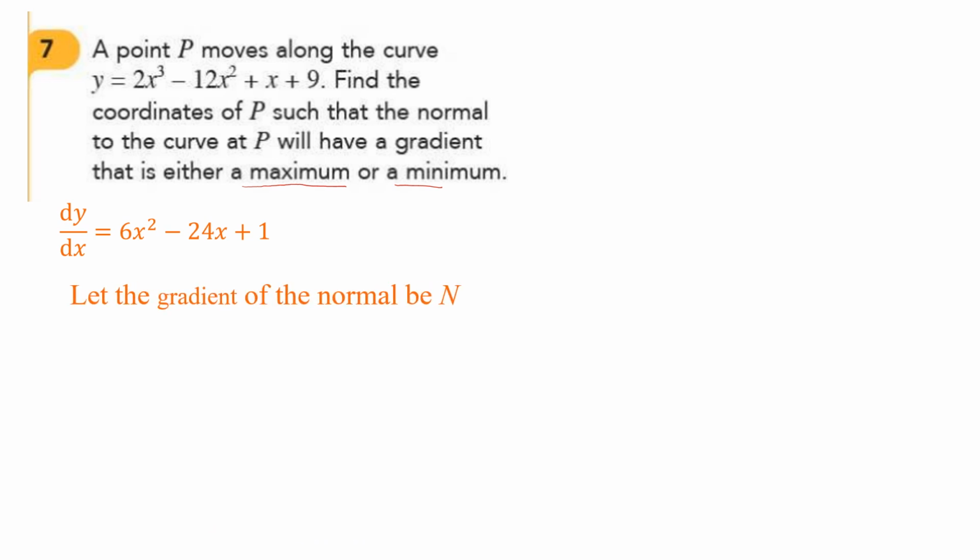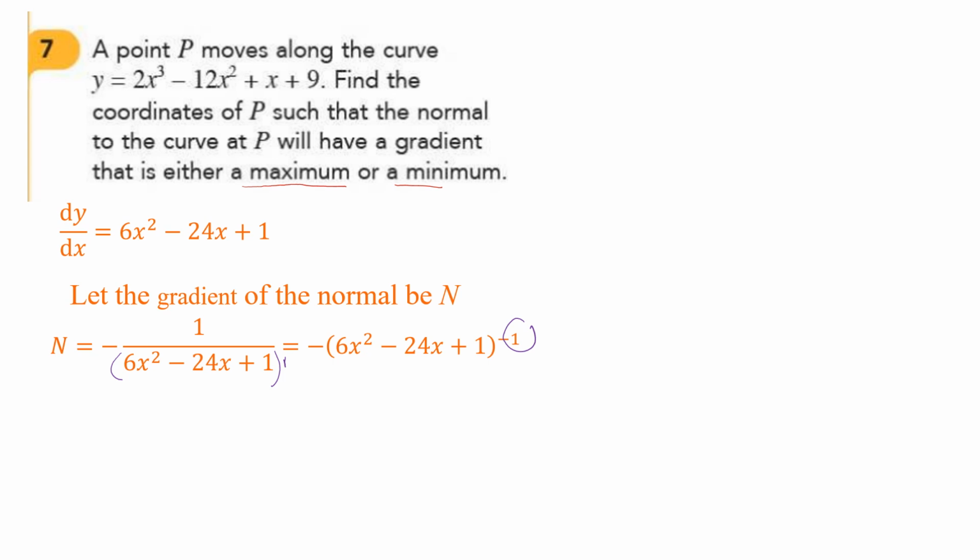Right, so let the gradient of the normal line be n, so therefore n is -1 divided by dy dx. Why do I change this whole thing to power -1, a negative index? So that I can use the chain rule. You can use the quotient rule if you want to, but I think it's kind of a waste of time, so I'm going to use the chain rule instead.